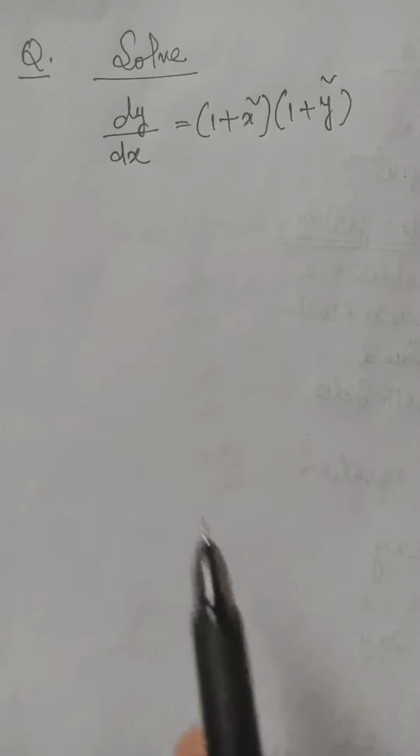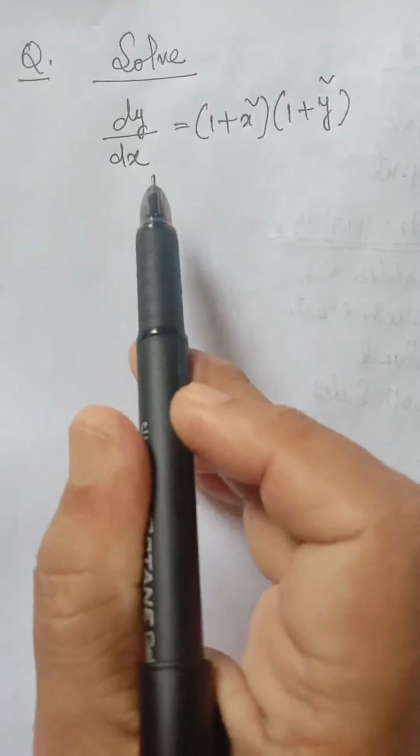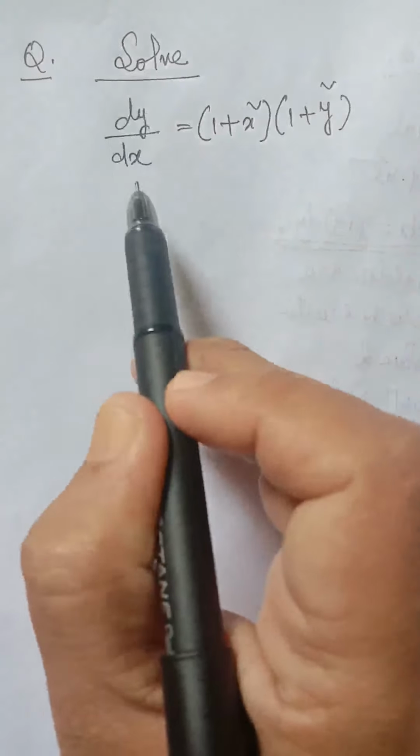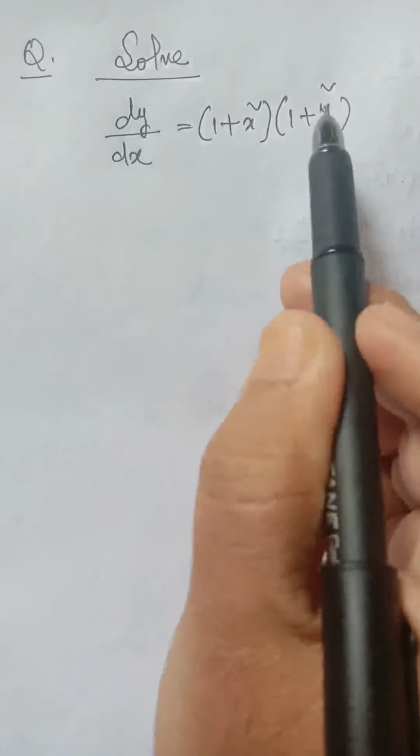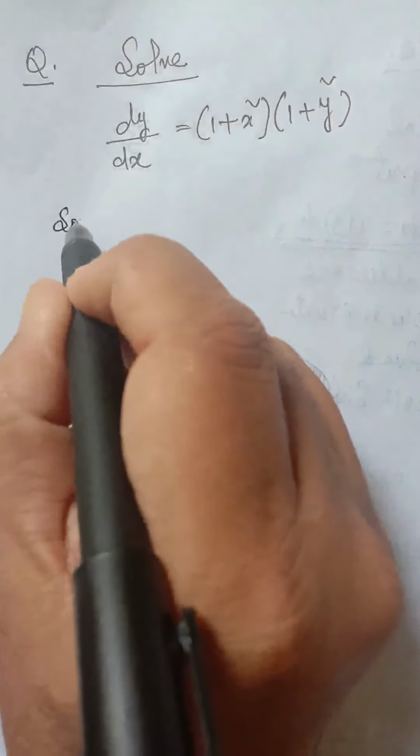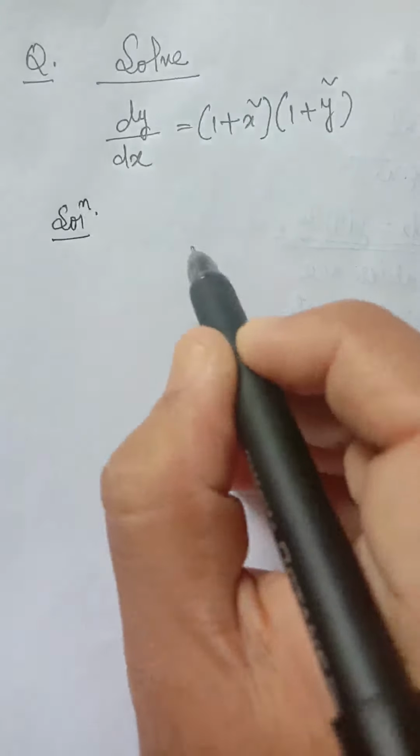Here I have taken one question from the NCERT book. Solve, that means you have to find the solution of this differential equation. This is the relation between the differential coefficient, that is the derivative, and the variable. So this is the differential equation and we have to find its solution.